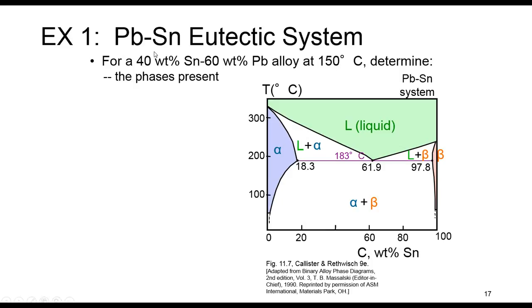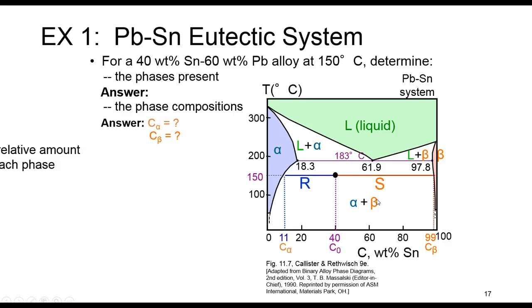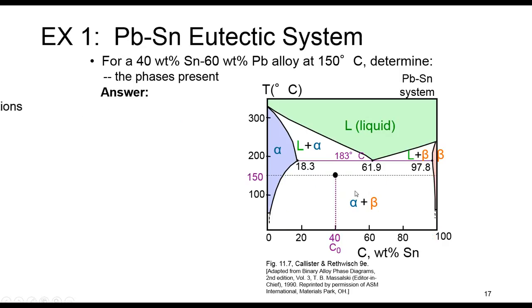So we simply look at 40 weight percent of Sn, go up from 150 degrees to here, and this is the point. At this point we have a combination of alpha phase and beta phase, so two phases are present here.